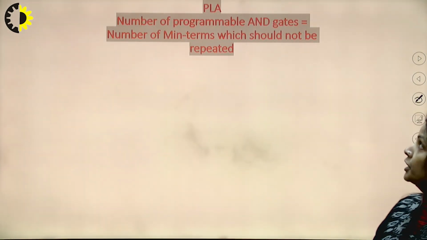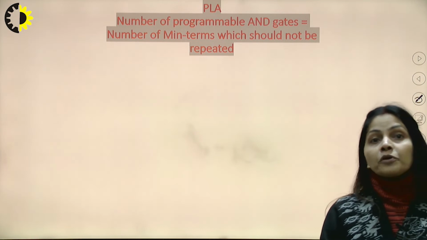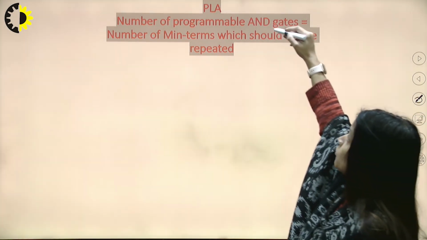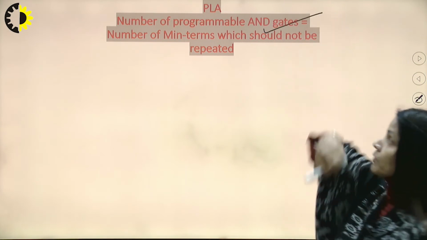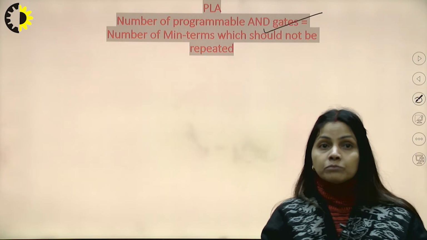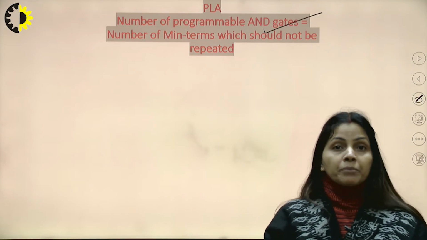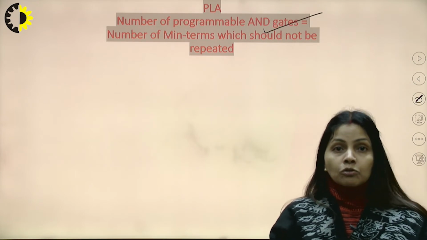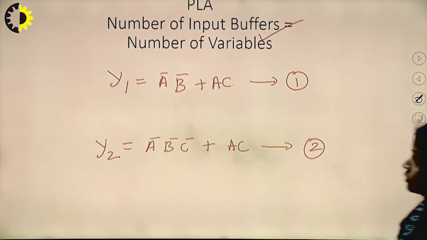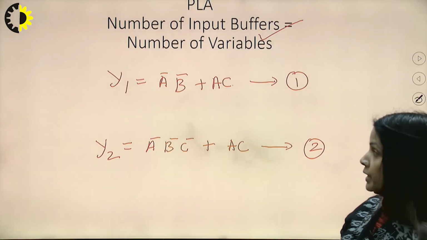Now we need to find out the number of programmable AND gates. So second step will be programmable AND gates. That will be equal to the number of minterms, which should not be repeated at all. So the number of minterms here in this expression. So we have got 4 minterms, right?